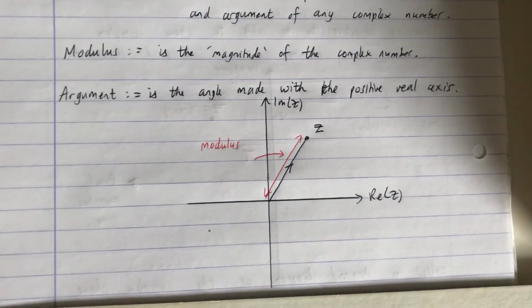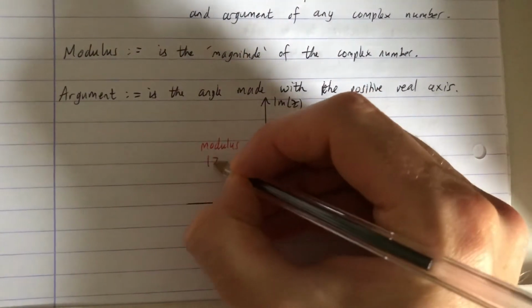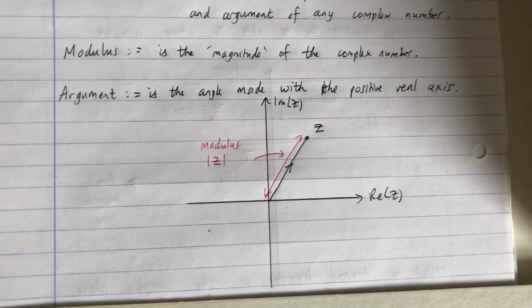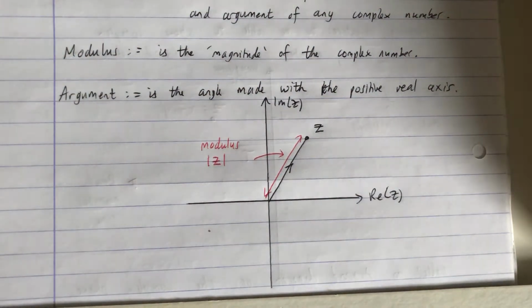and the shortest way to write the modulus of a complex number is using this notation, absolute value, which we did previously as well. And then the argument is the angle made with the positive real axis.